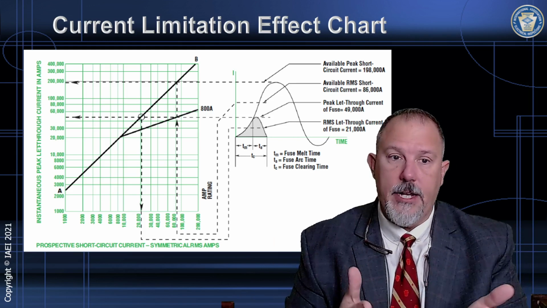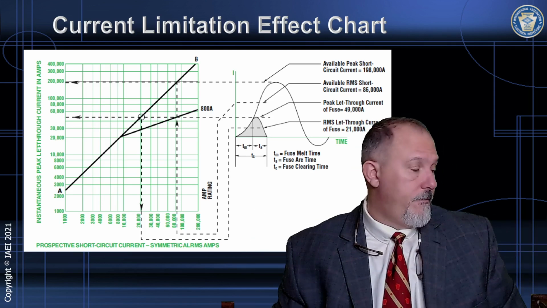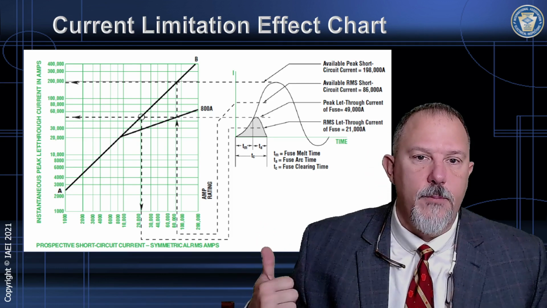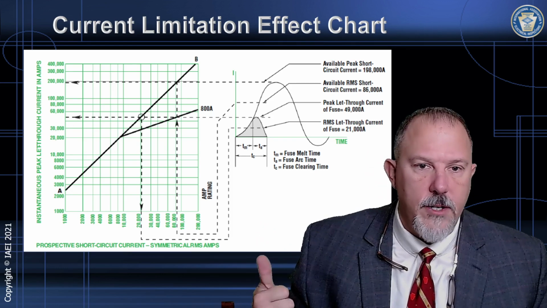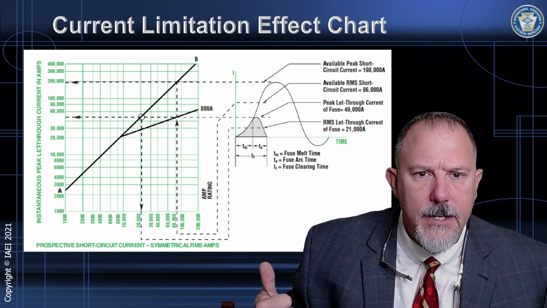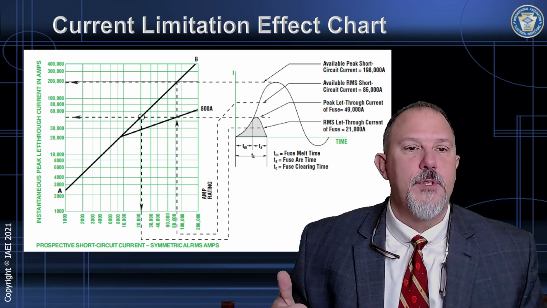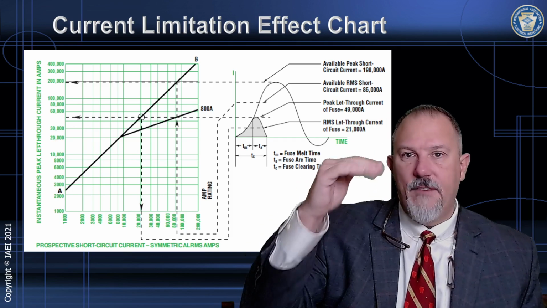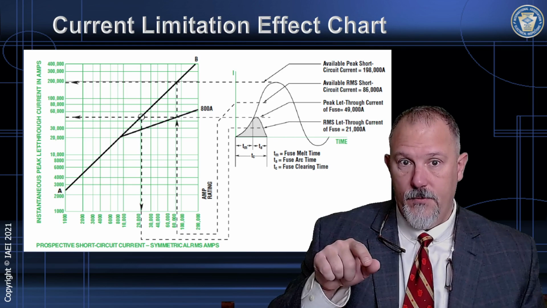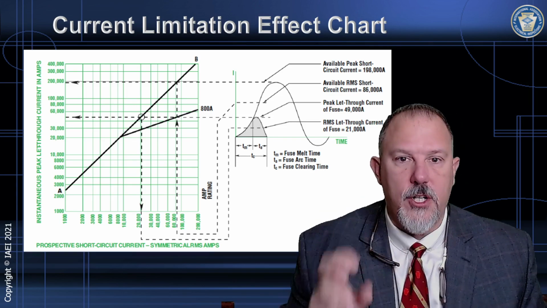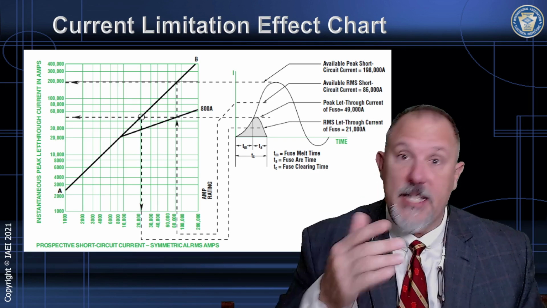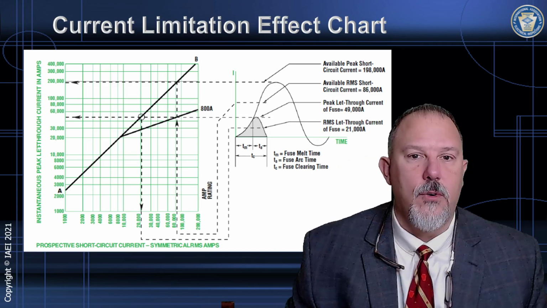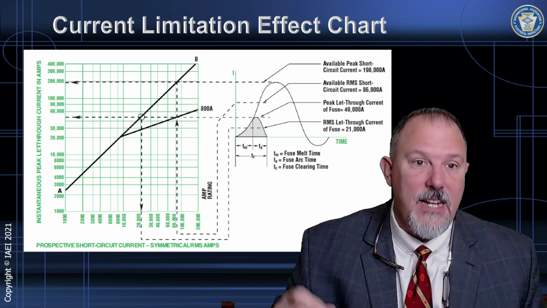So if I calculated, in this case, my available short circuit current of 86,000 amps, if I go to the AB line, it tells me the peak of that first half cycle. So for an RMS current of 86,000 amps, calculated short circuit current, the peak of that first half cycle is going to be 198,000 amps.